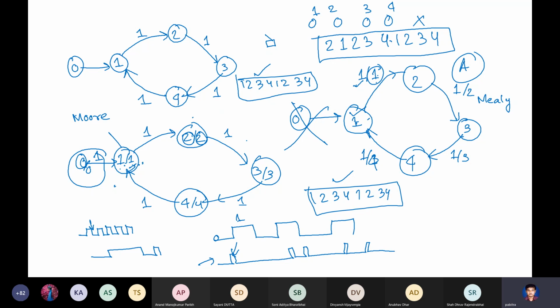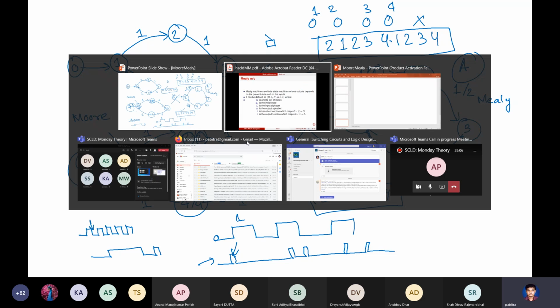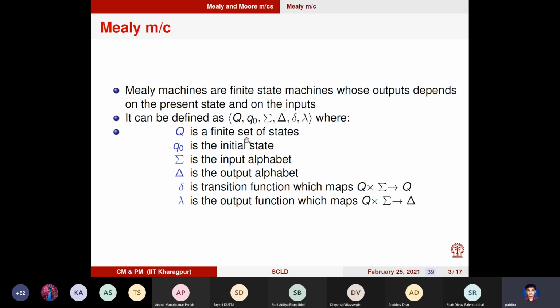Okay, so let us talk about the Mealy machine first, where the output depends on both the present state and the input.